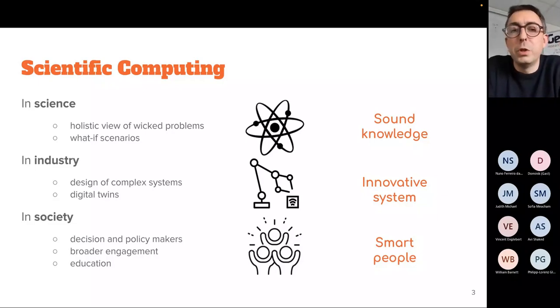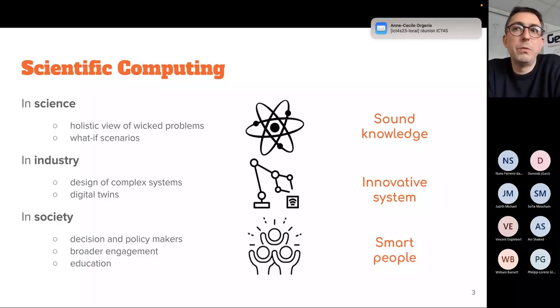But we also use scientific computing in industry, specifically for designing complex systems very early in their development. We also do scientific computing when we operate systems, more specifically in digital twins. As soon as we want to do simulation or prediction, predictive maintenance, and so on, we use a lot of scientific computing for all these simulations.